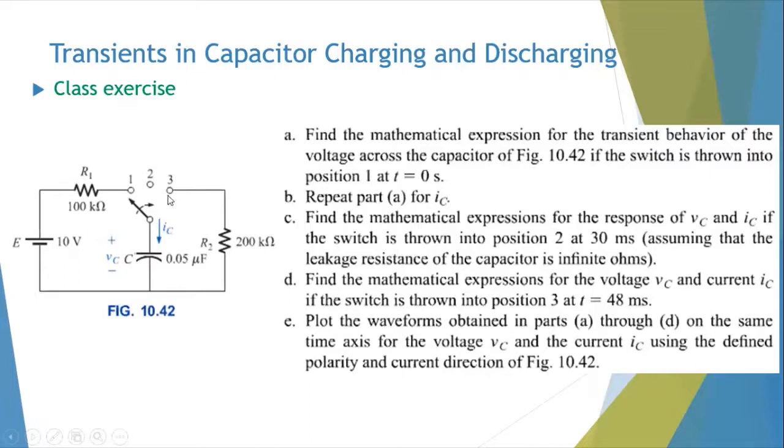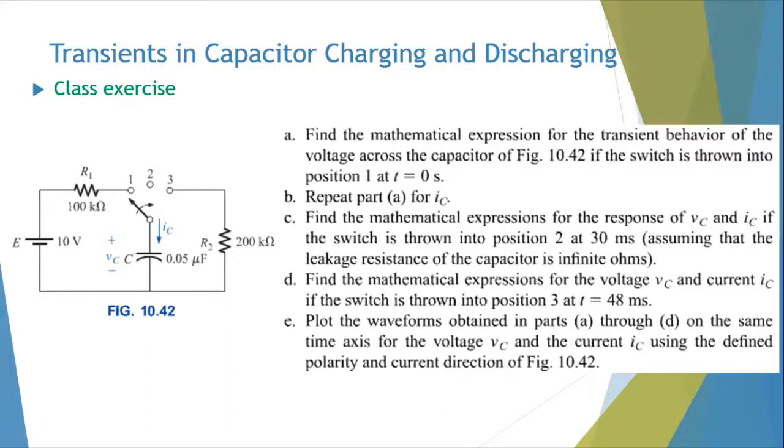When you put it on position 3, the capacitor voltage initially is 10 volts because it didn't discharge at all. Then your time constant is not 0.05 times 100K now, because current is now flowing in this path. So it's 0.05 microfarad times 200K. So it's R2C here. You get a new time constant.